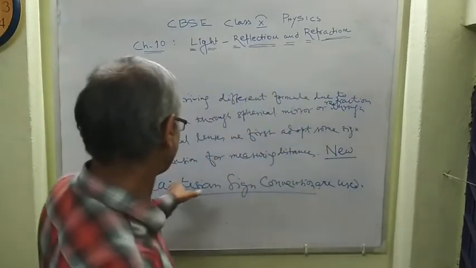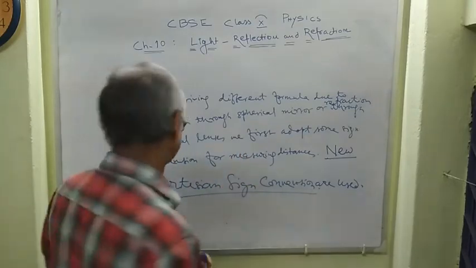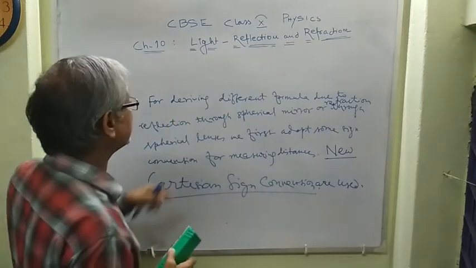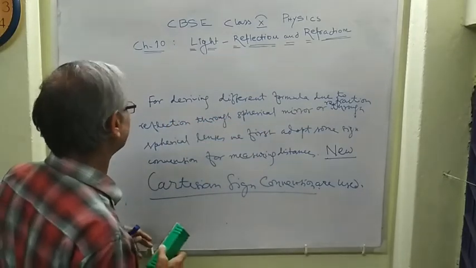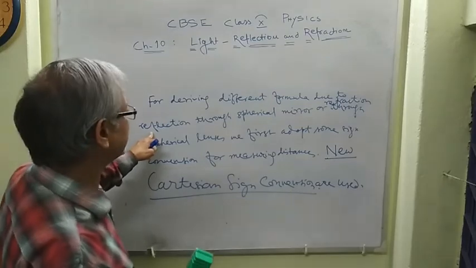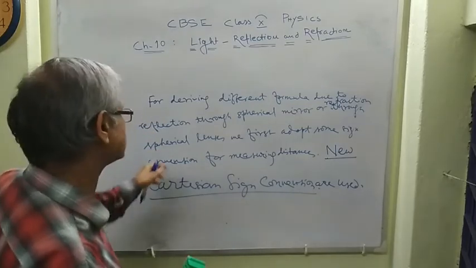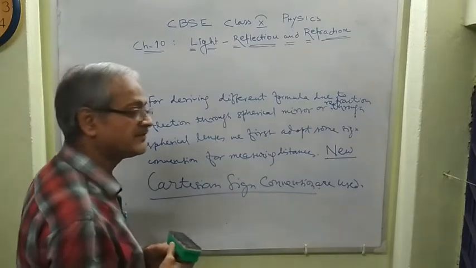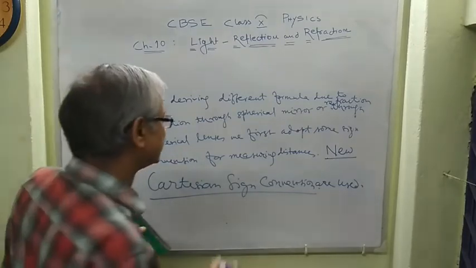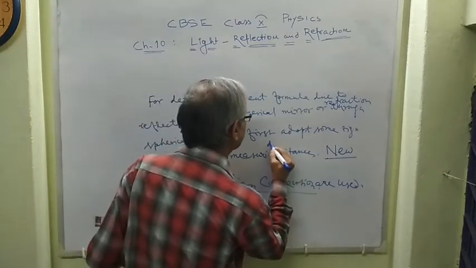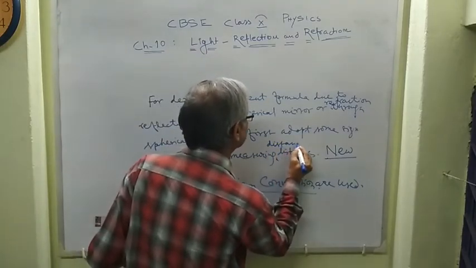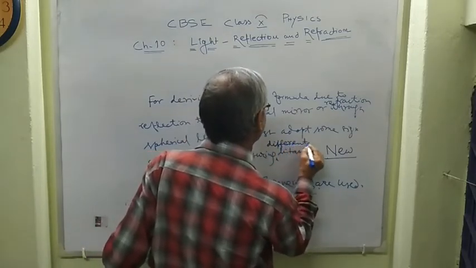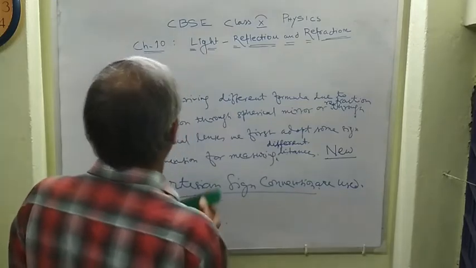We use the new Cartesian sign convention. We know about it. For deriving the relevant formulas due to reflection through a spherical mirror or refraction through spherical lenses, we first adopt some sign convention for measuring different distances, and heights also, right?